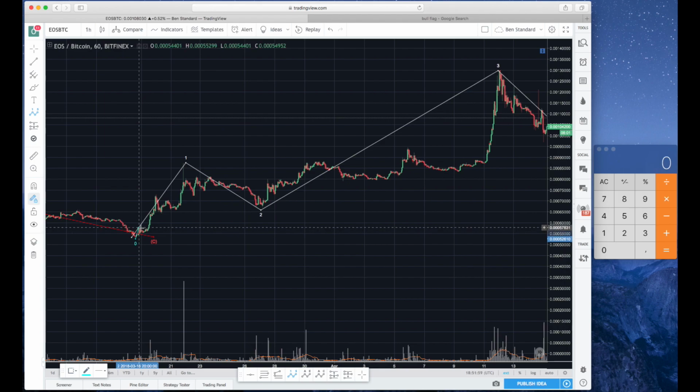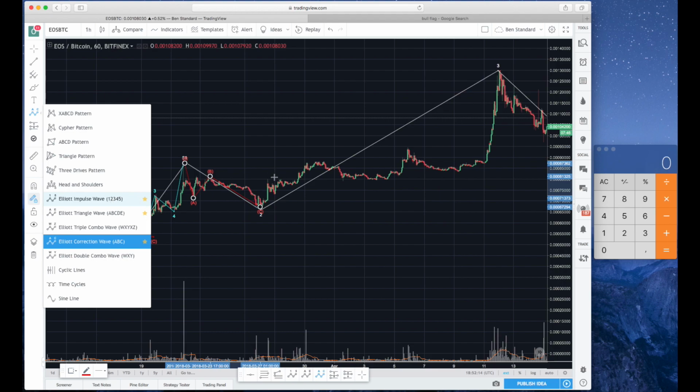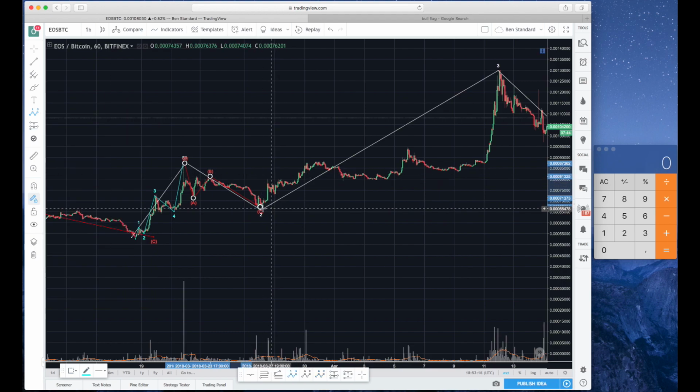So first wave has 5 subwaves, 3, 4, 5. Then an ABC type of correction here, and then we have 5 subwaves again. 1, 2, and then it's 1, 2.